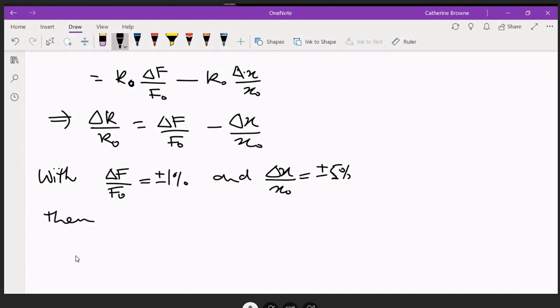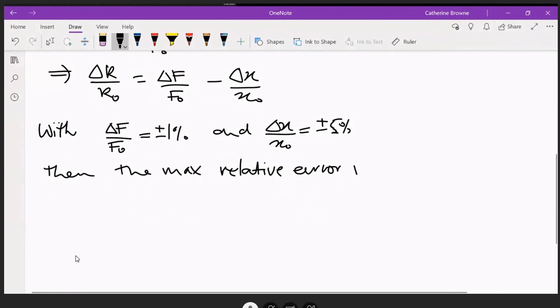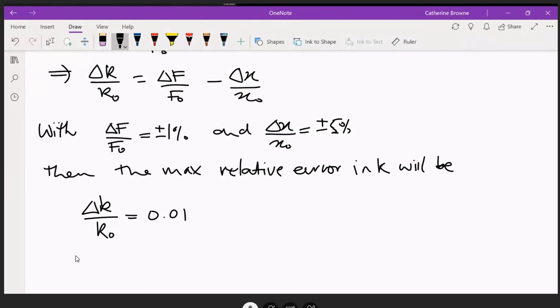So then the maximum relative error in k will be given by 1% is 0.01 minus 0.05.